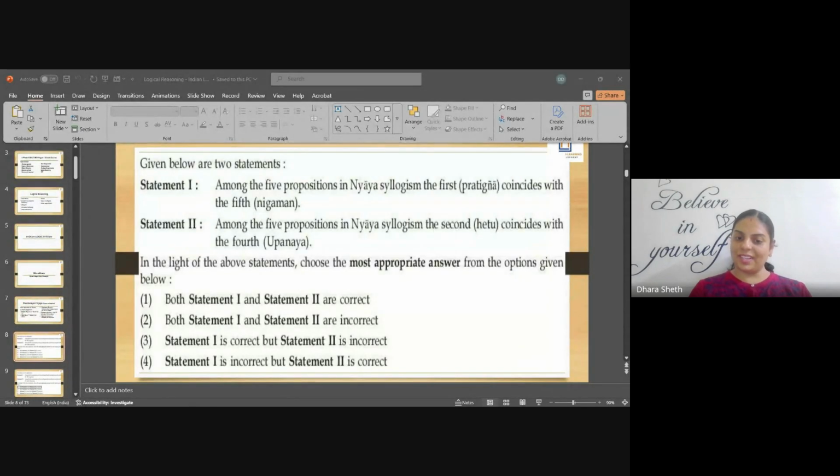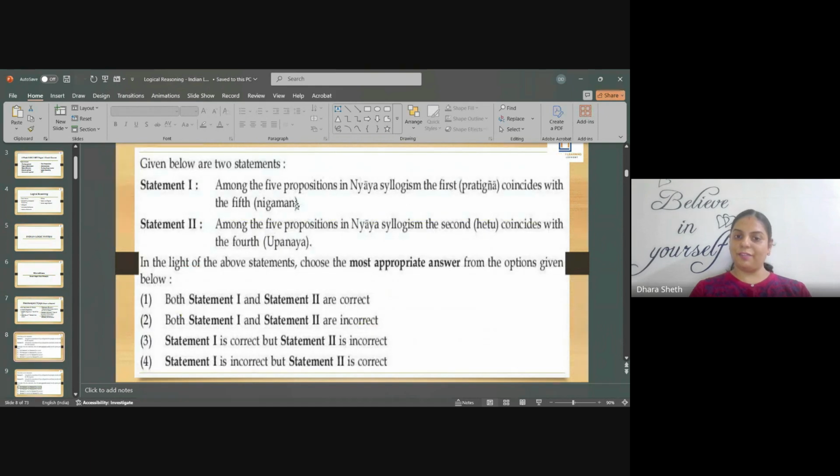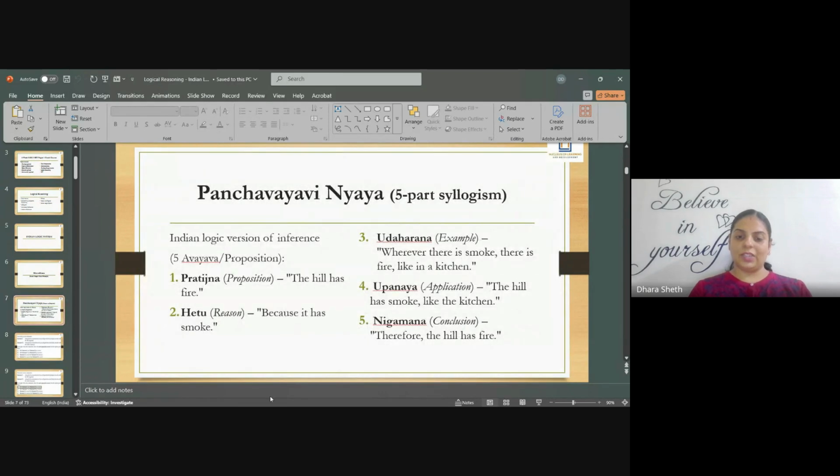I'll show you the previous example. Here the first says 1st and 5th, 2nd and 4th. They coincide. Now look at this and think of which one is true, which one is false. Both are true, both are false.